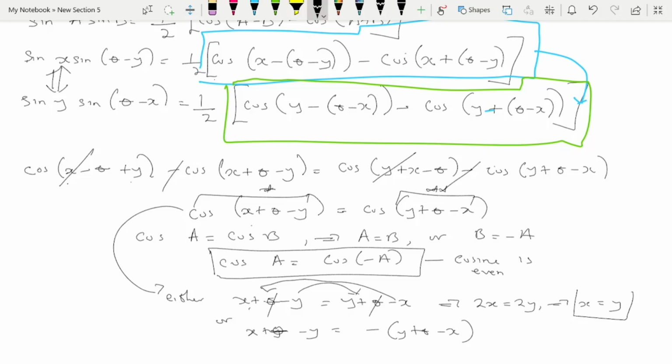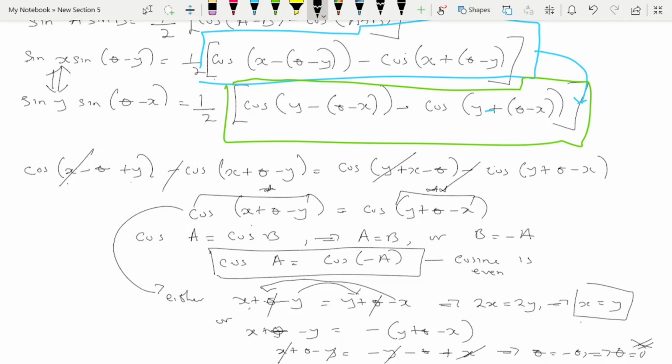Then for the second one, x plus theta minus y equals minus y minus theta plus x. So plus x goes out with plus x, minus y goes out with minus y, and this implies that theta equals minus theta, which means theta equals 0, which does not make sense.